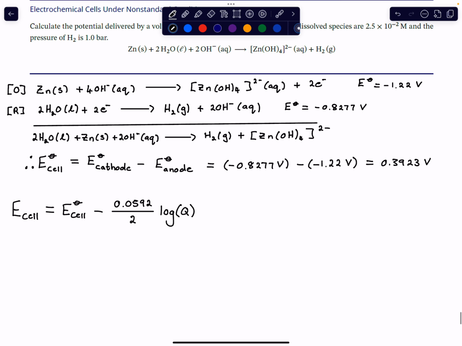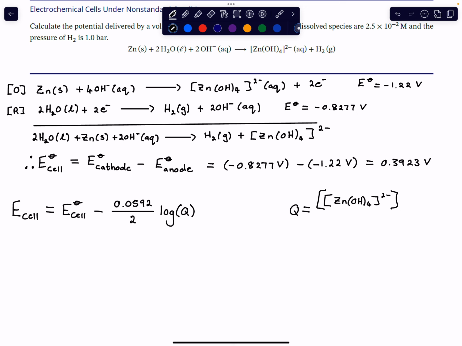And what is Q for this reaction? All right, let's write Q for this reaction. Well, that is quite a thing to write, because the products in this case, firstly, are this zinc hydroxide ion, Zn(OH)4 2 minus.